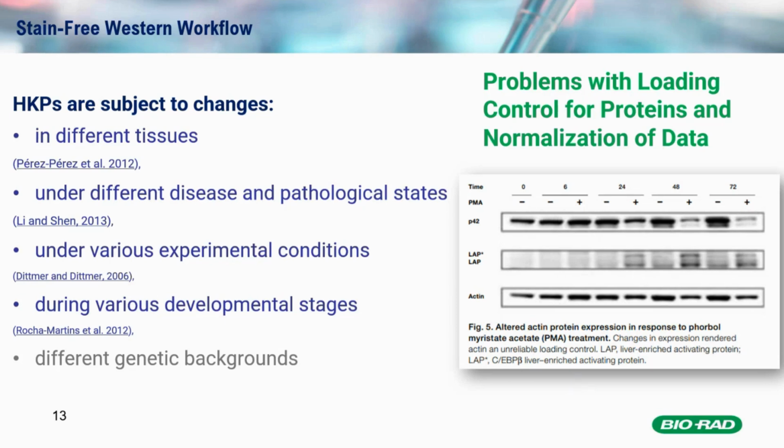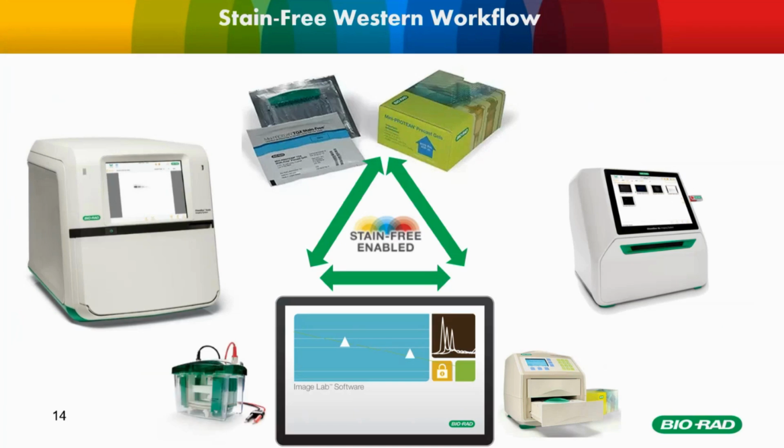So in case you are using housekeeping protein normalization, you need to validate that your housekeeping proteins never change according to these different conditions. Only then can you easily use your housekeeping proteins for normalization.